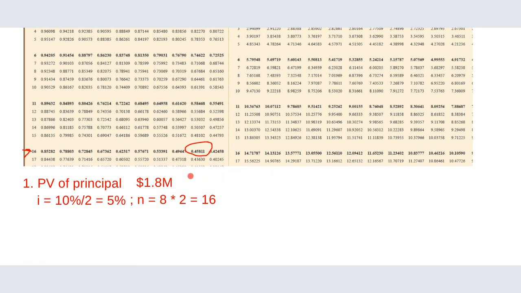So I'm going to take the 1.8 million and multiply by 0.45811, and that equals 824,598, hopefully. All right, so we got that done, and we need to move on to the second part.